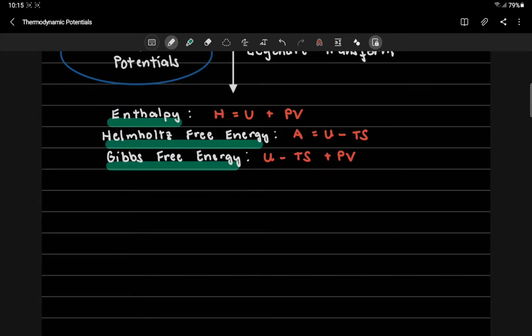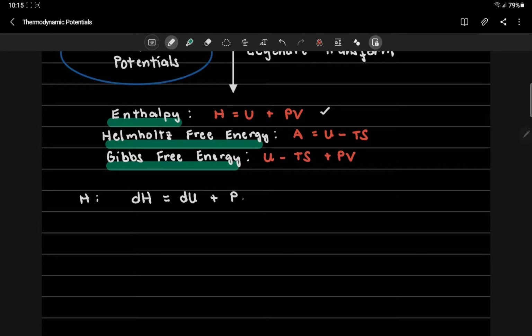So, starting with enthalpy, if you look at the equation right here, if you differentiate, that's basically dH. You differentiate internal energy U, it becomes dU, plus the derivative of PV, which is a product, right? So, how do we differentiate a product?